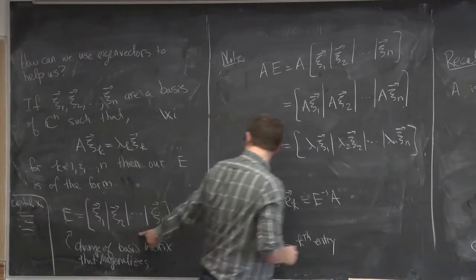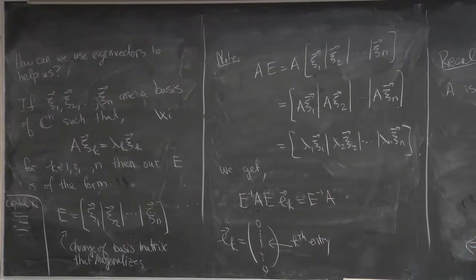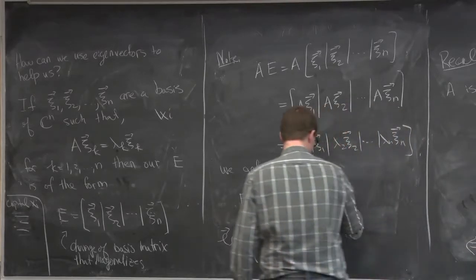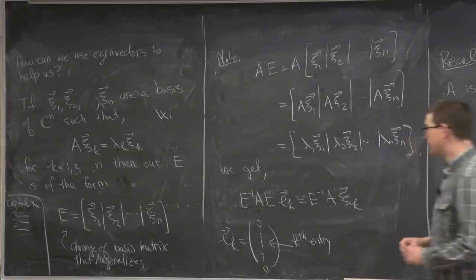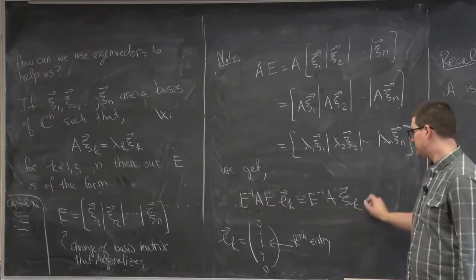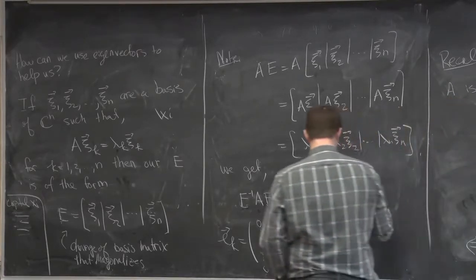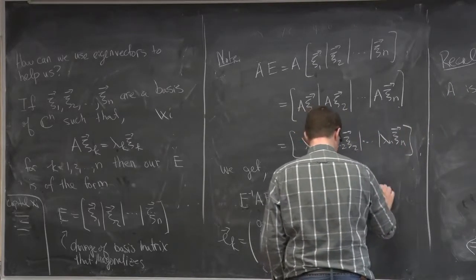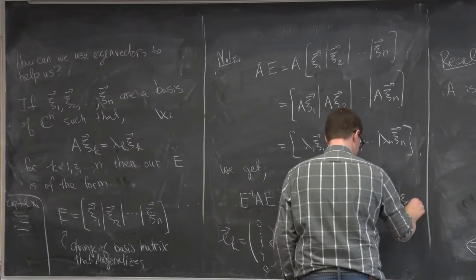E is this matrix. So it'll just be c_k, the kth eigenvector, because it picks out the kth column. What is A c_k? This is just lambda_k c_k. So this is E inverse times lambda_k c_k.